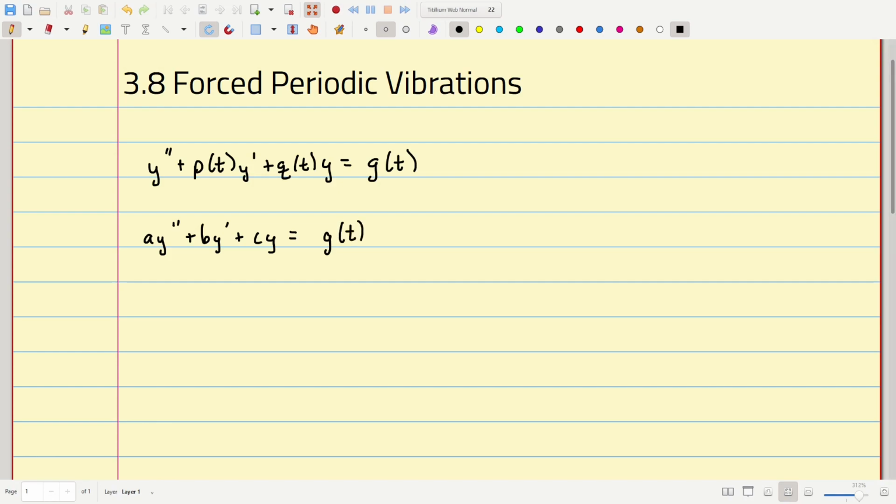To get this, and under these conditions, we have a characteristic equation that looks like so. The characteristic equation is going to have roots that look like negative b over 2a plus or minus the square root of b squared minus 4ac all over 2a.